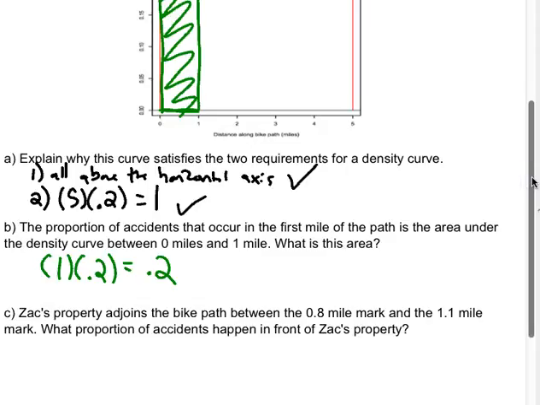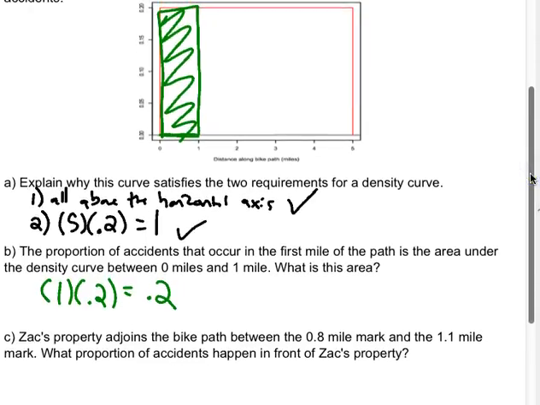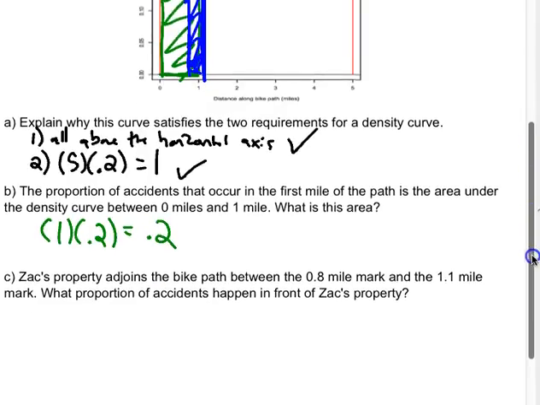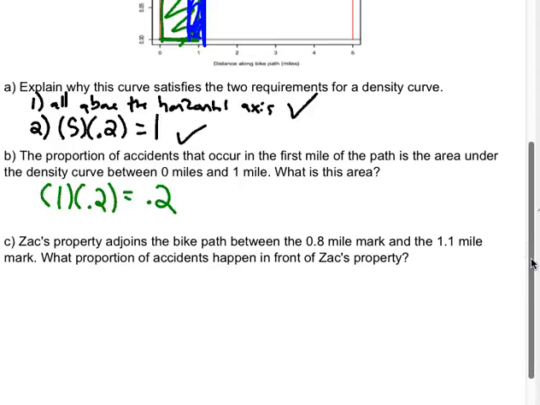Zach's property adjoins the bike path between the 0.8 and the 1.1 mile mark. What proportion of accidents happen on Zach's property? All right, so 0.8 would be about right here. 1.1 would be somewhere like this. So this one, we want the blue area, okay? Again, the proportion of accidents that happen is directly related to the area. It's the same as the area. So this time, the length is 0.3.